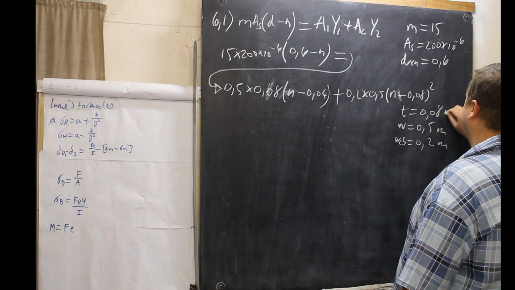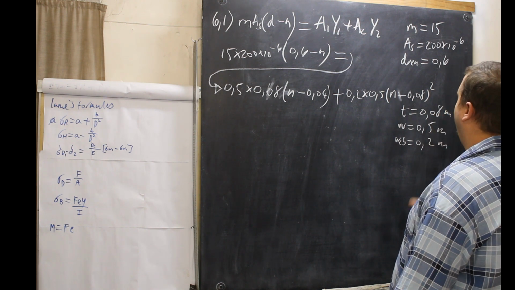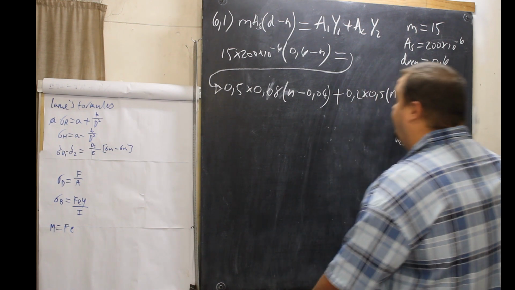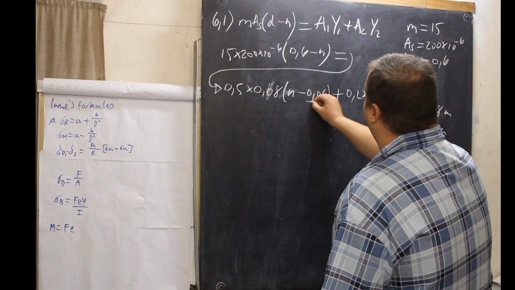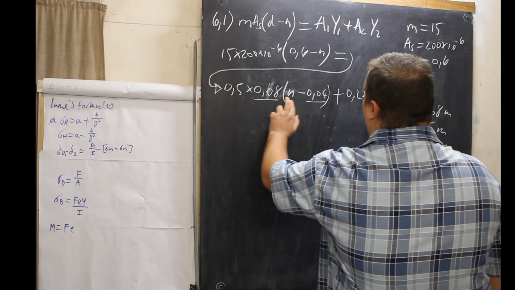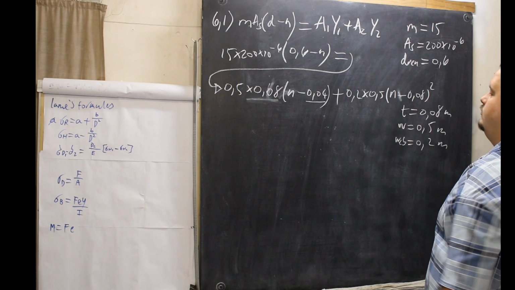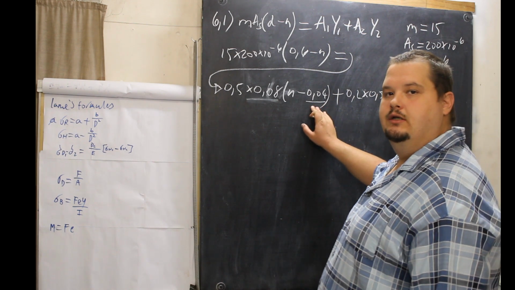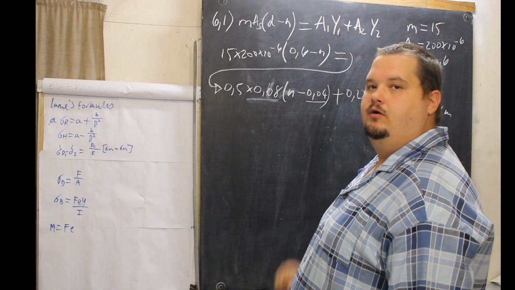These are all in meters. And the 80 mil is thickness. This particular one comes from your hot roll tables, because this is not mentioned in the question, so therefore it comes from your hot roll tables.